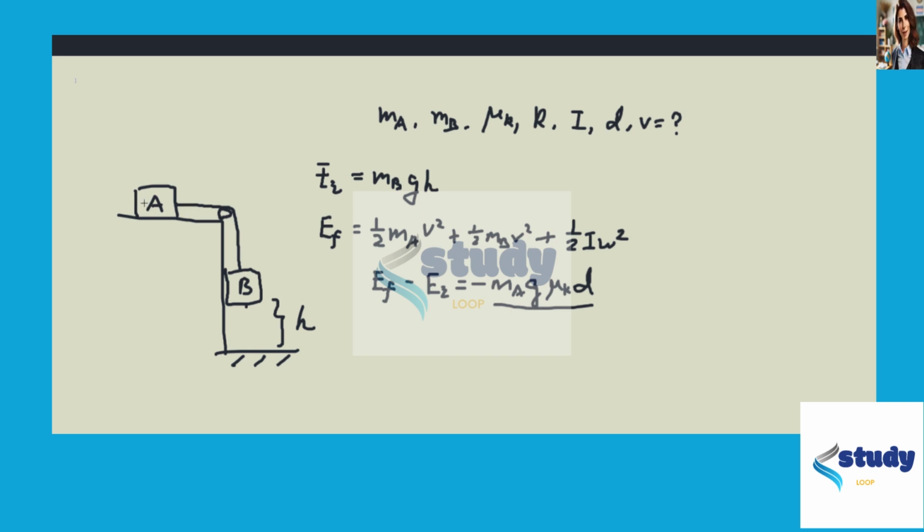So the forces felt by block A are a gravitational force, a normal force, which is equal to mg, a tension due to the string, and also a frictional force, call it Ff.